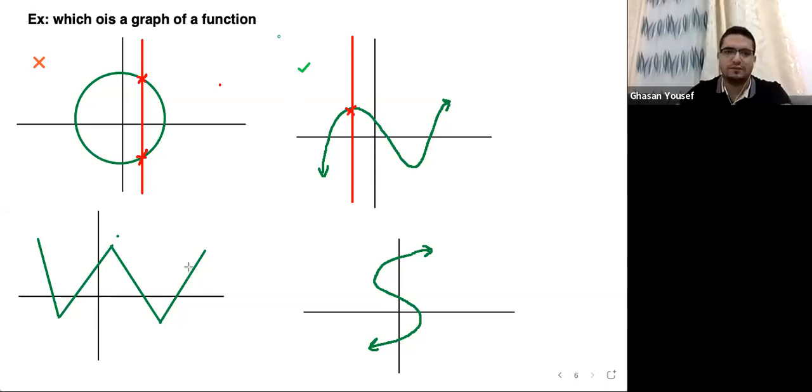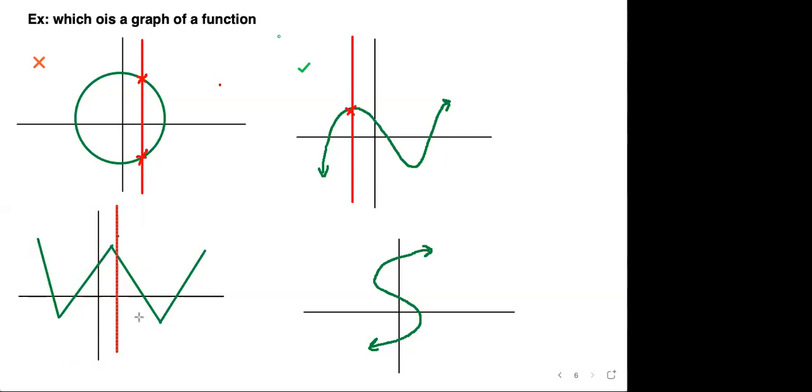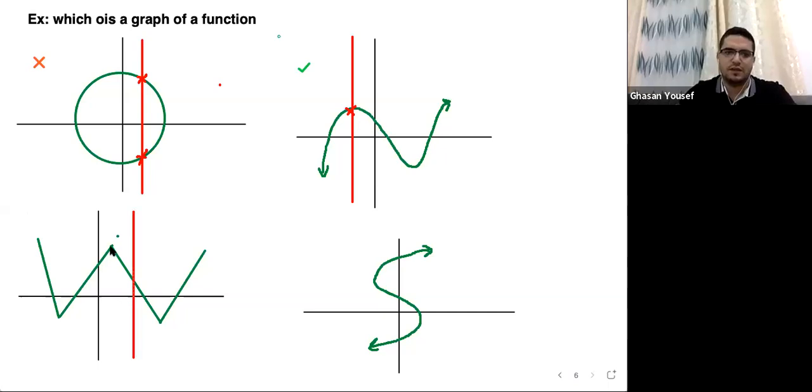For the third one, yes or no? Yes, that's a function. Yes, it is representing a function because the line passes the curve at only 1 point.